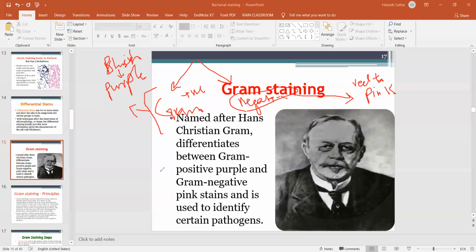For example, as a general rule, almost all upper respiratory tract infections, for example tonsillitis, pharyngitis, ear infections, nose infections, are caused by gram positive bacteria.